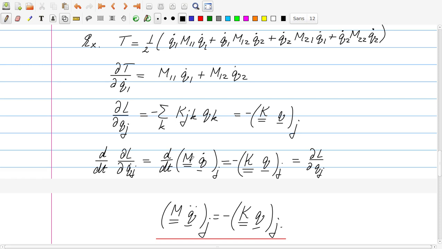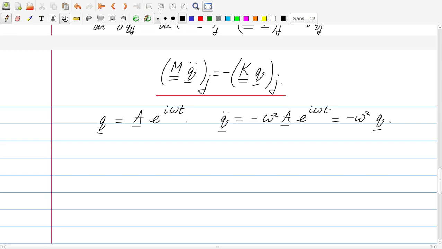But if we take the derivative with respect to time of M, we get contributions proportional to q̇, and together with this q̇, that gives terms here that are quadratic in the q's. And we want to keep only the lowest order terms, so the terms that arise from taking the derivative of M with respect to q are neglected in this analysis, and so this is the equation we end up with.